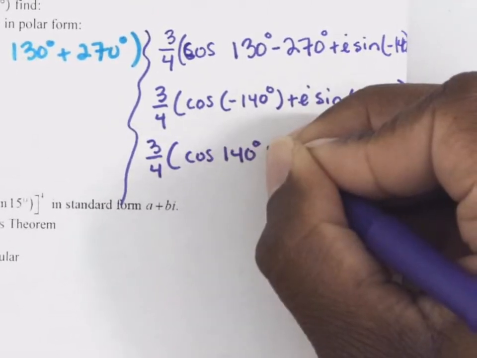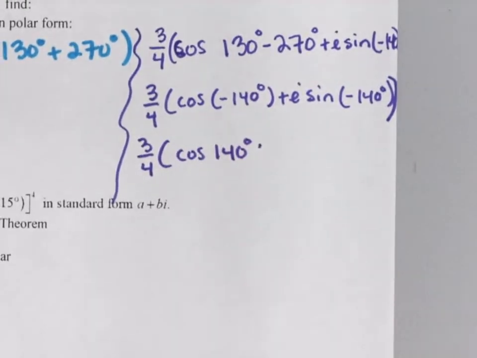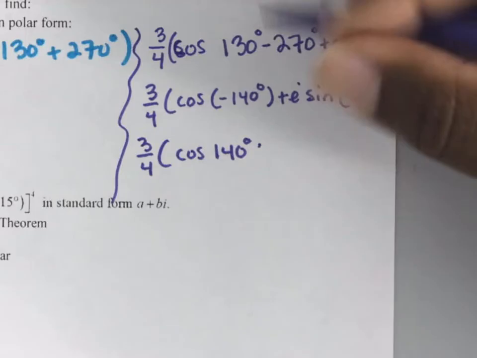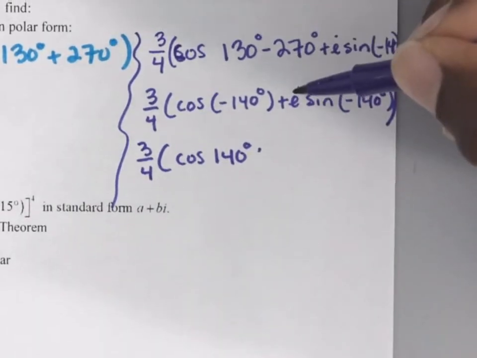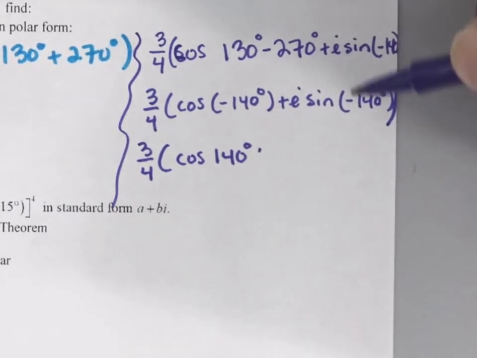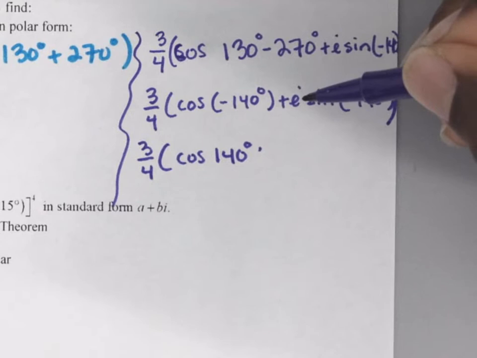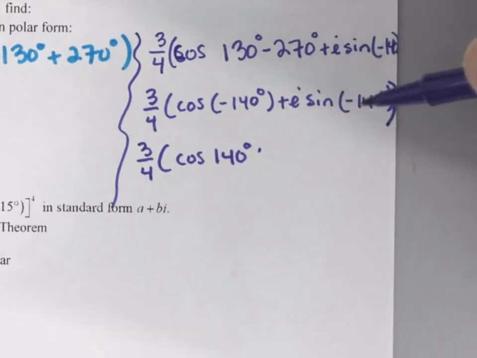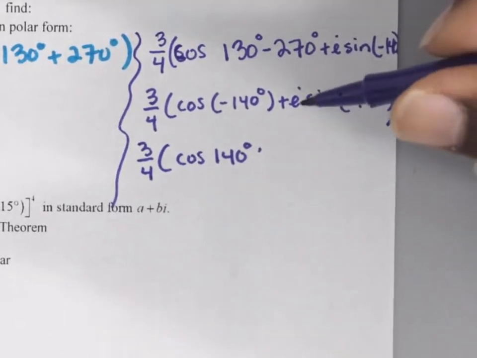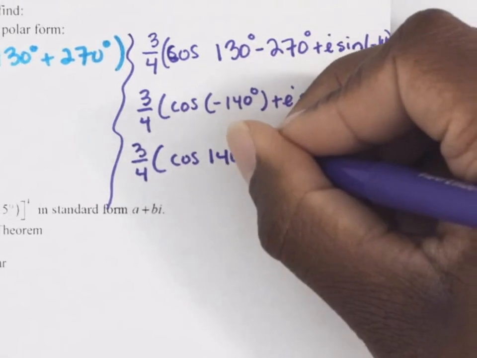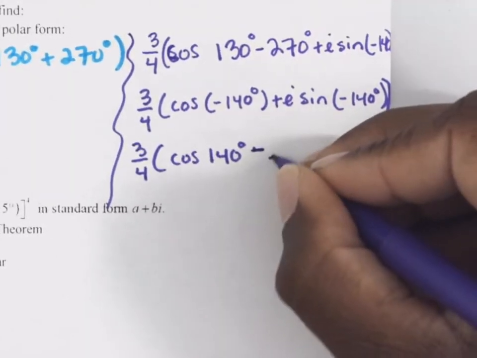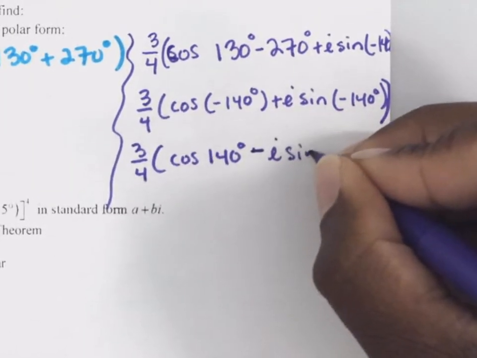What about sine? To make this angle positive for an odd function, which is what sine is, I would just do minus sine of positive 140. So when I do that, it makes this whole second part negative. So I'm going to go ahead and just do minus i sine of 140.